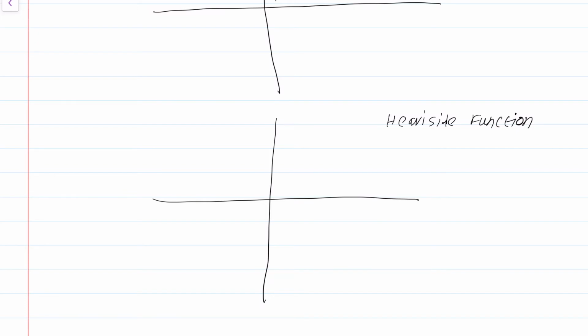This is known as the Heaviside function. It's very important in physics and engineering. This function is just -1 if x is less than or equal to 0 and +1 if x is greater than 0.